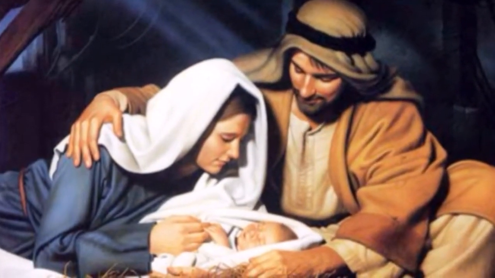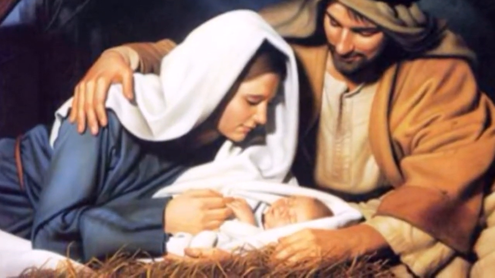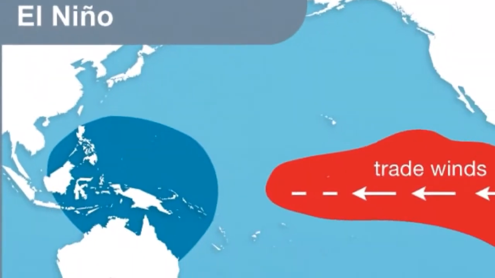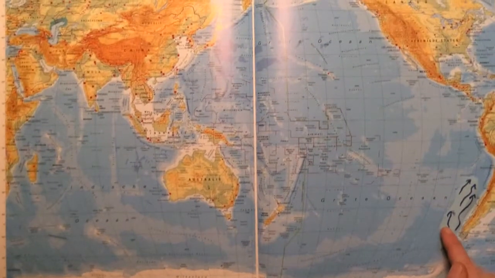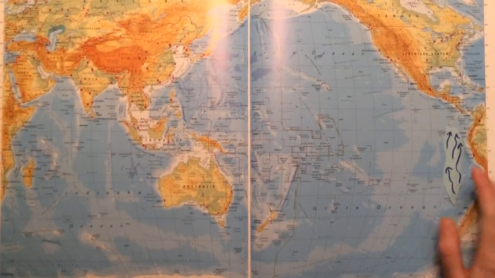And because it comes around Christmas time, they called it El Nino, capital E, capital N, which means the Christ child. The original term, El Nino, was a much more limited term. It had to do with the flow along the coast of Peru, Chile, South America.